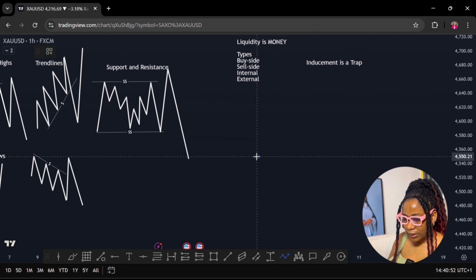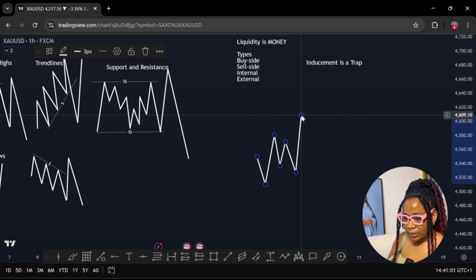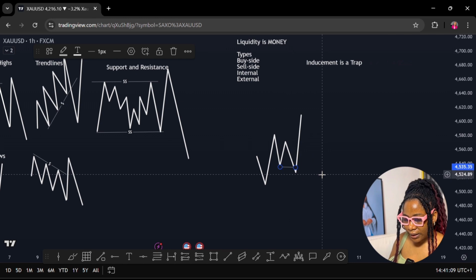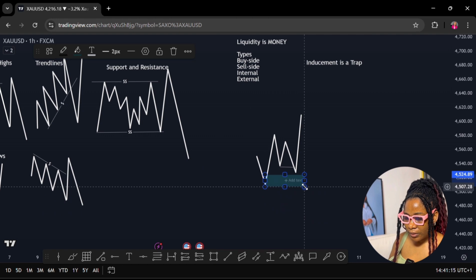So we're going bullish and then we do something like this. Now this is liquidity right here. This is liquidity which was created before the extreme zone.